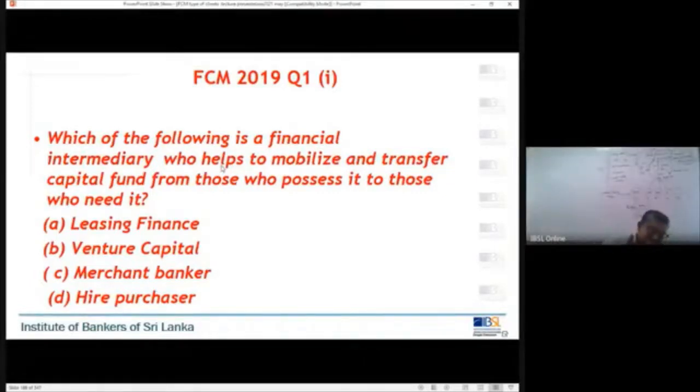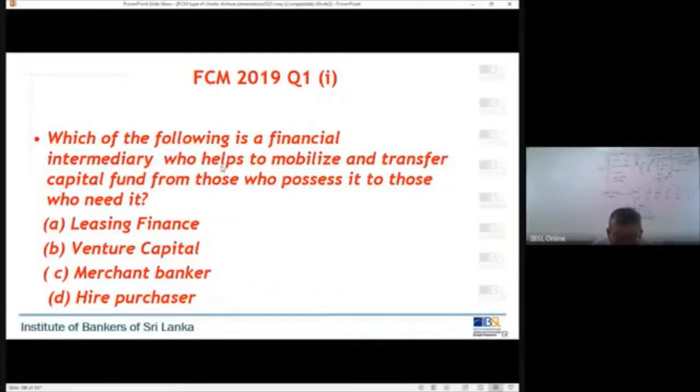Venture capital means acting as an intermediary for people who need to start their businesses. They need some capital. For small people to start their business, we call it seed financing, startup capital. They have a good business idea but don't have money to start the business.